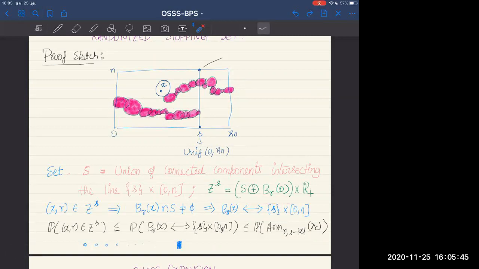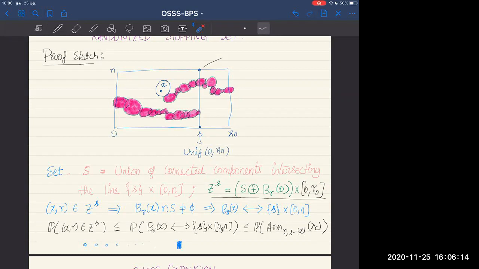And I can take here 0 to R naught. I take this set. That's it. This is my stopping set as before. Now I just take the line, look at all the components intersecting the line, blow these components up a little, and then I look at the product with all possible radii.